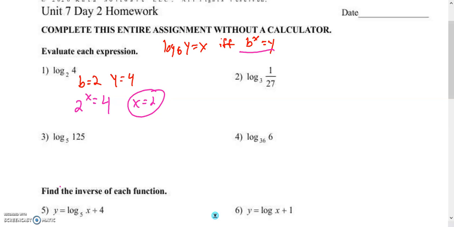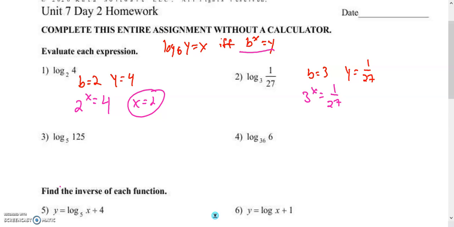Okay? Taking a look at the second example, we see that b is equal to 3, and y is equal to 1 over 27. So now we can rewrite this example by saying 3 to the x is equal to 1 over 27. So 3 to what power gives you 1 over 27? First you want to think about two things.